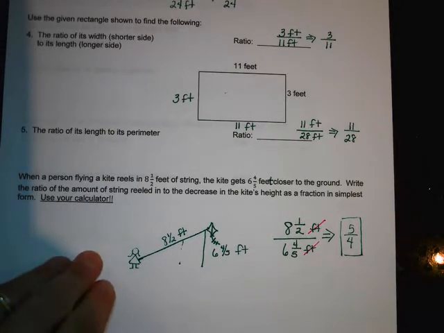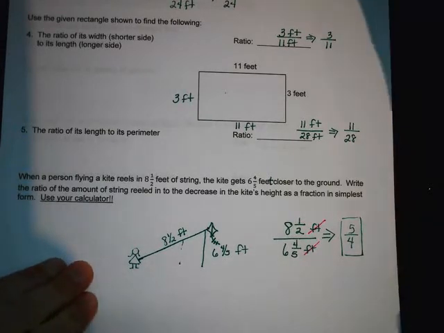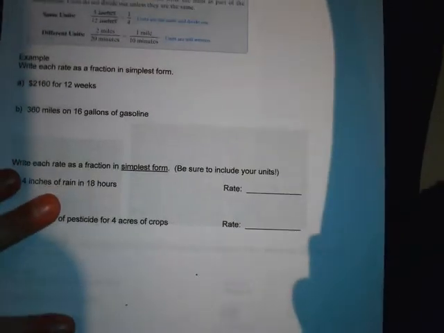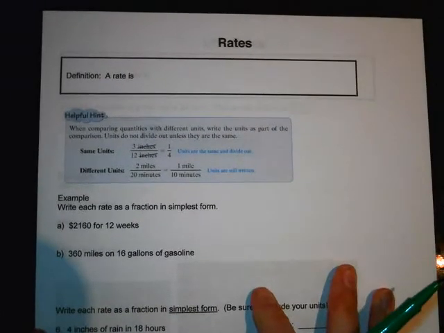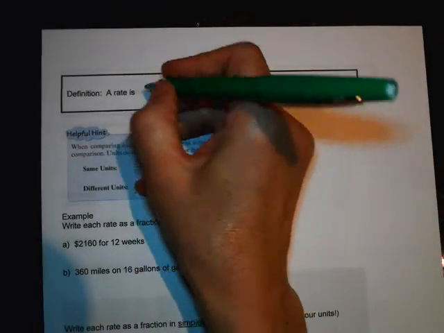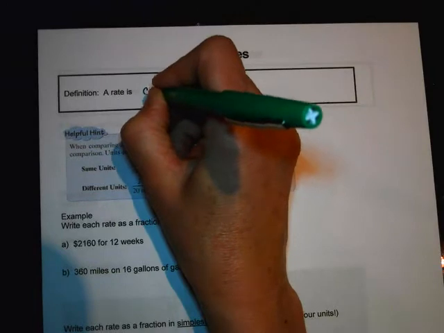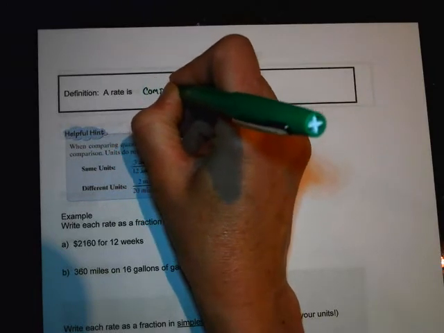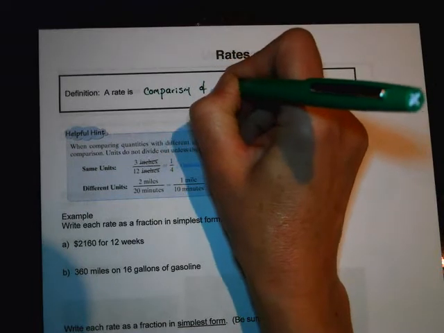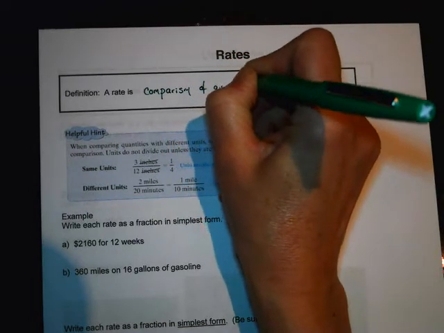All right, here we go. So a rate is definitely something that you've seen in your lifetime, and maybe even every day. So a rate is a comparison of quantities with different units.